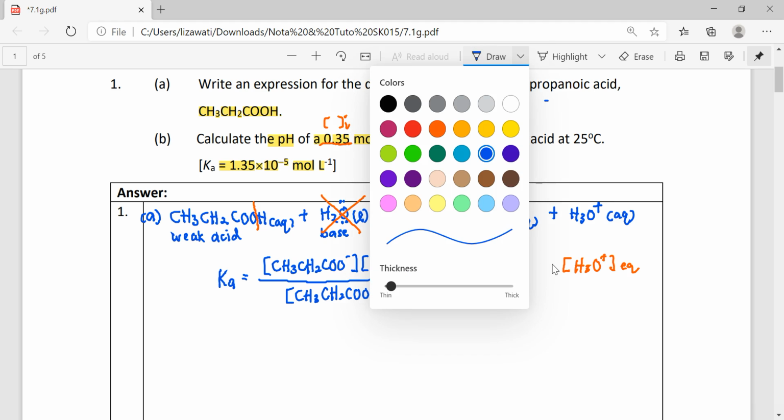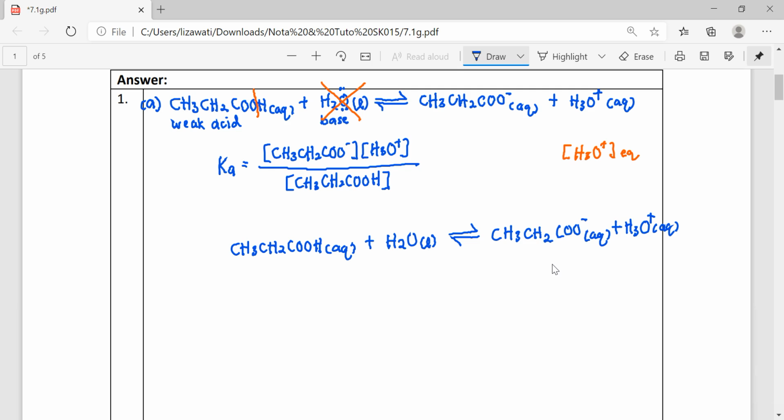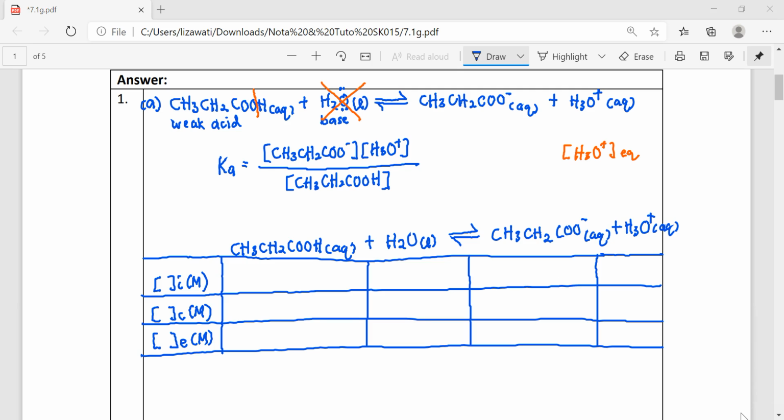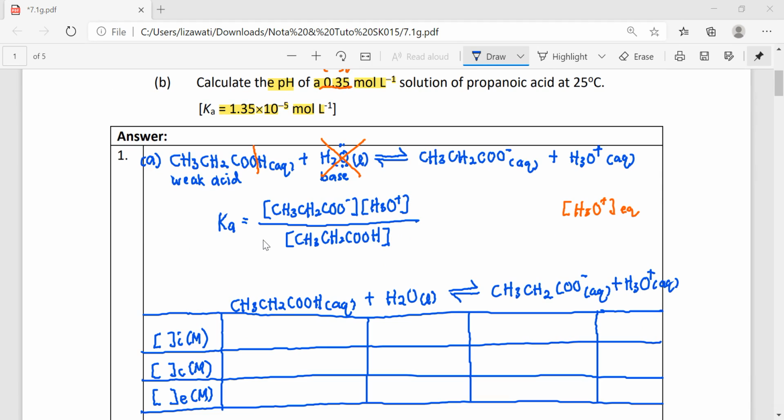First of all, start with the equation. You must include the phases, and your equation should be balanced. Second step, you have to draw the ICE table. Now substitute the concentrations. The initial concentration here is 0.35.